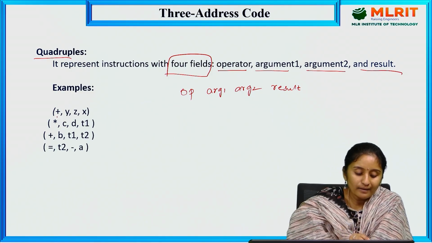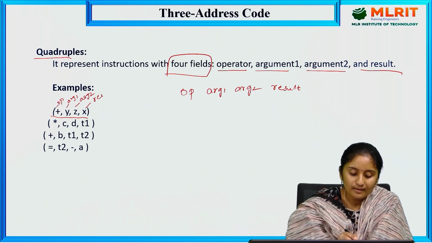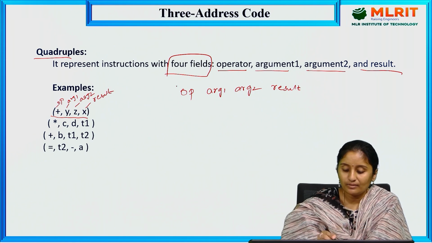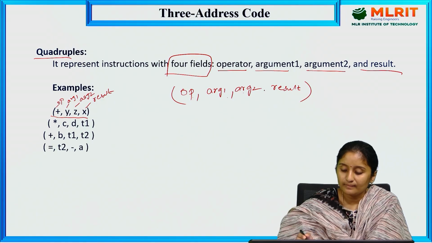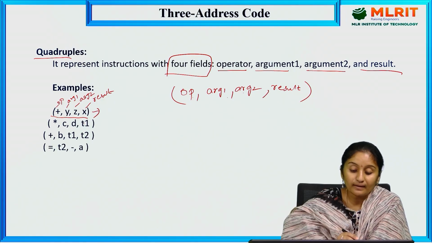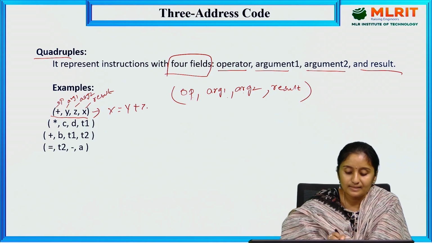See here, I have taken one example. Plus is nothing but the operator. This is argument 1, argument 2 and this is the result. This will be in the form of operator, argument 1, argument 2, result. So how can I write it in the form of an expression? Nothing but x equal to y plus z, argument 1 plus argument 2.